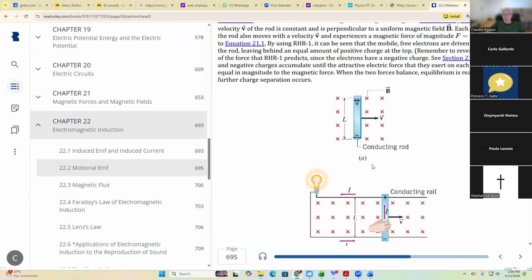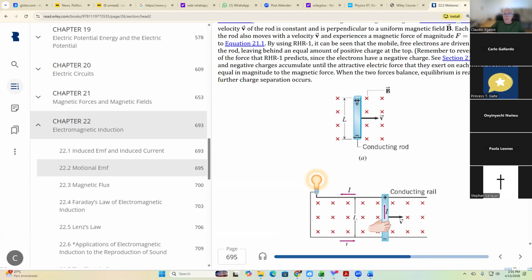If you want to create a current that remains in the circuit, you have to wire this bar. This bar is going to behave just like a battery because of this difference in electric potential. If you close the circuit, you end up with a current flow in the circuit.